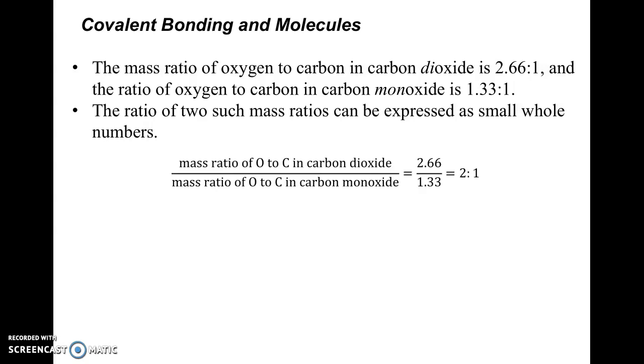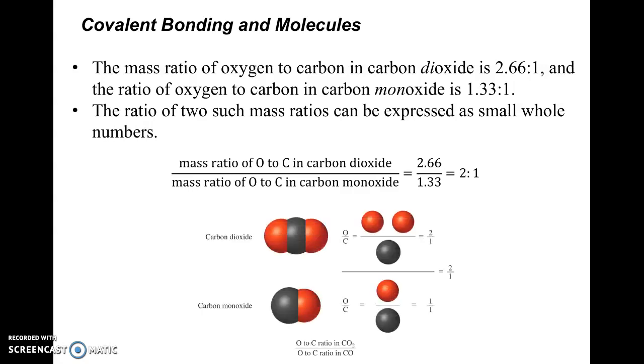And so if we just divide those, the mass of oxygen to carbon in carbon dioxide over the mass ratio of oxygen to carbon in carbon monoxide, you have 2.66 divided by 1.33, so it's a 2 to 1. And the picture can look like this. Carbon dioxide has 2 oxygens with 1 carbon in the middle, so that's a 2 to 1 ratio.